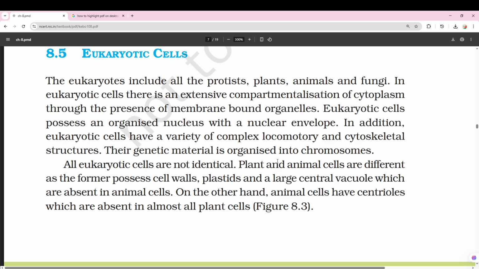All eukaryotic cells are not identical. Plant and animal cells are different, as the former possess cell walls, plastids, and a large central vacuole, which are absent in animal cells. On the other hand, animal cells have centrioles, which are absent in almost all plant cells.